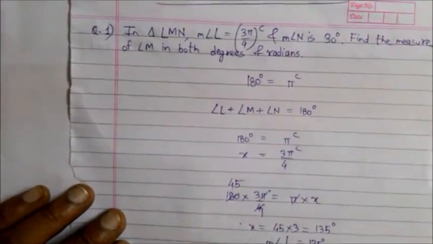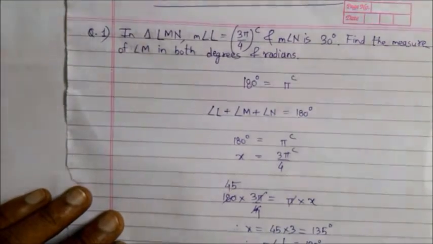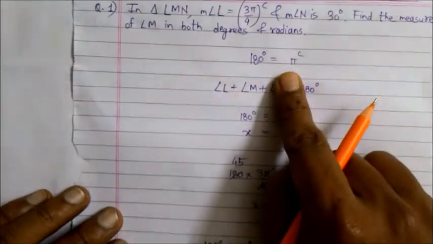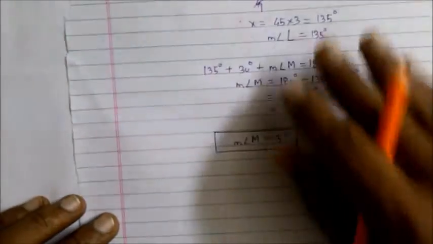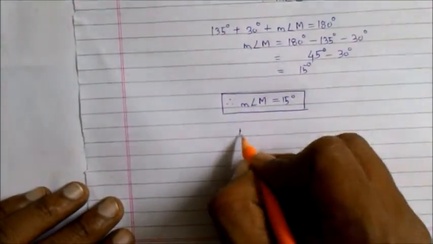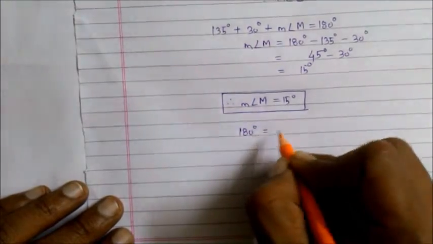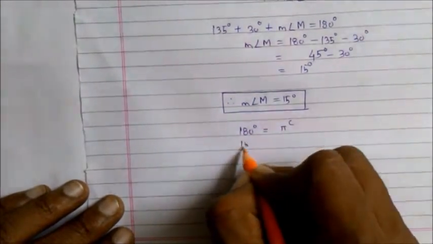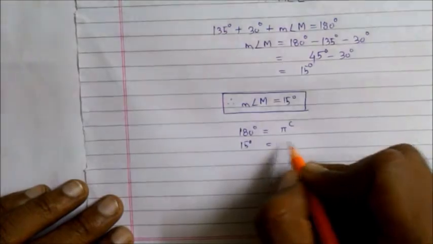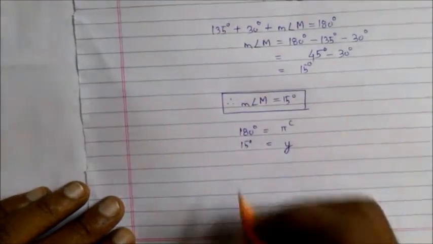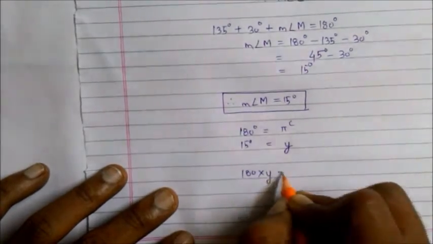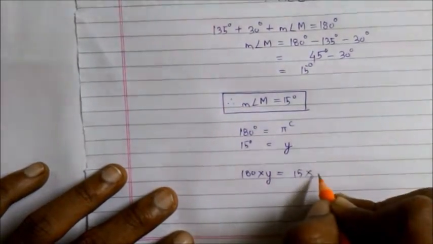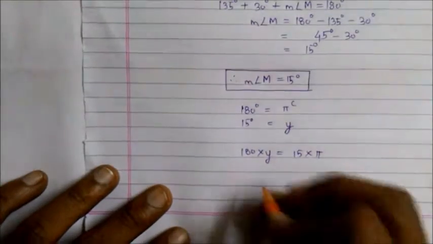Now in the problem it has also been asked to find that measure in radians. So we will again use this relation to convert the given angle into radians. Now if 180 degrees is pi radians, 15 degrees will be, let us call it y. So on cross multiplying I can write 180 into y equal to 15 into pi.